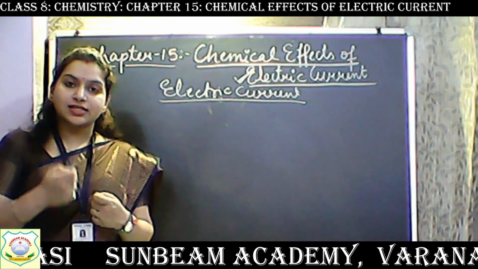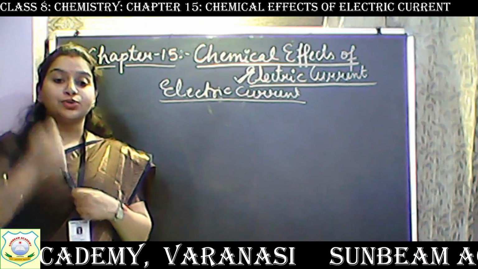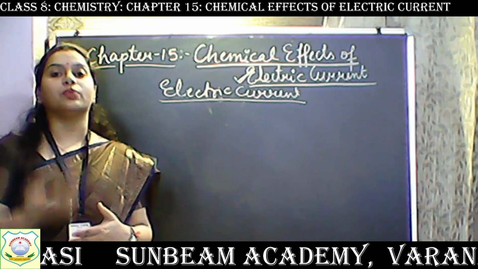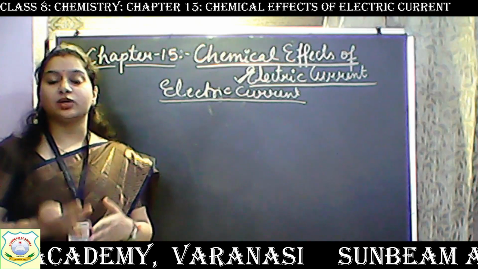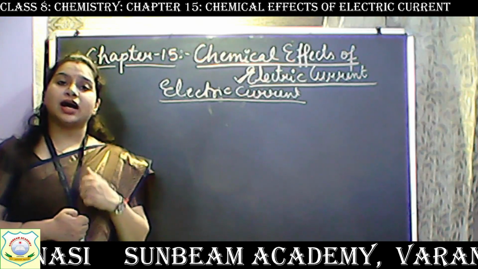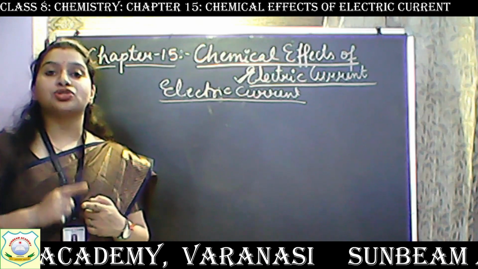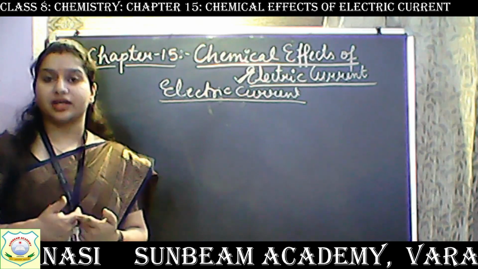What is that thing that flows through a wire and produces electricity, so the appliances work, or the electric bulb or tube light glows? You know that, children, in class 7th you studied that it is the electron that flows and produces the current.